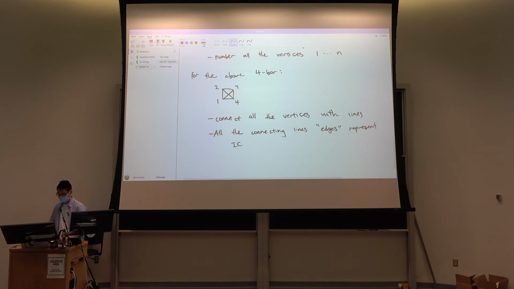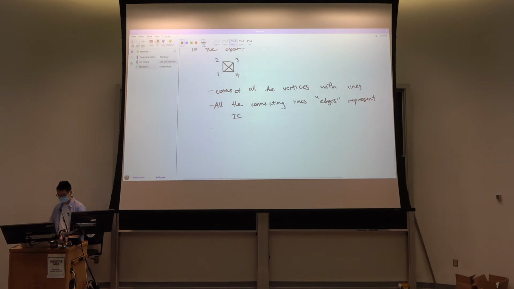Okay, and now how this ties in with Kennedy's theorem is that all the triangles represent 3 ICs that obey Kennedy's theorem.